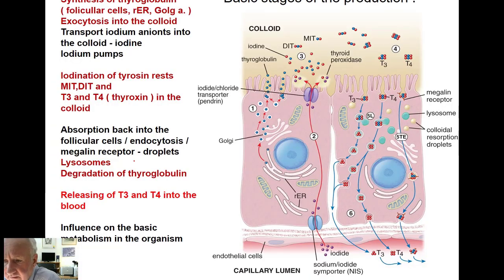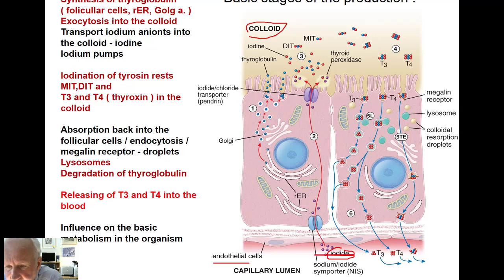And here is a small detail, a scheme showing the storage of the hormones in the colloid. The first thing, you need a capillary, with endothelial cells, you know that capillaries are lined with endothelial cells. And now the cells are taking iodine from the blood.